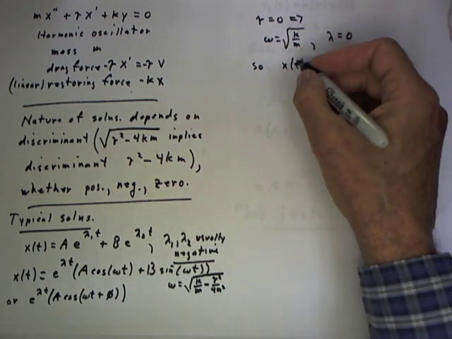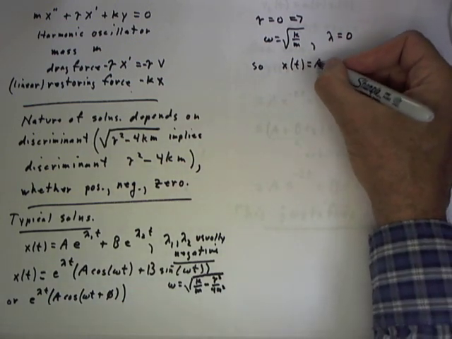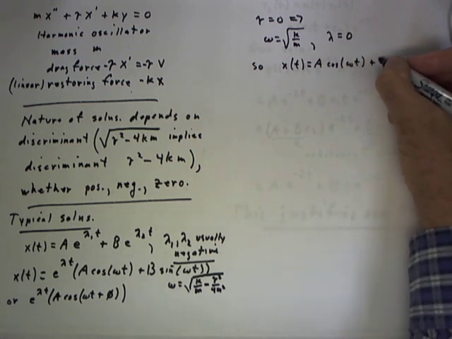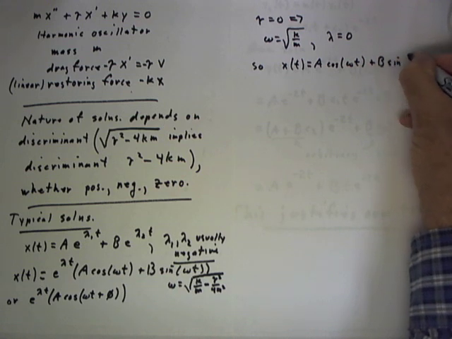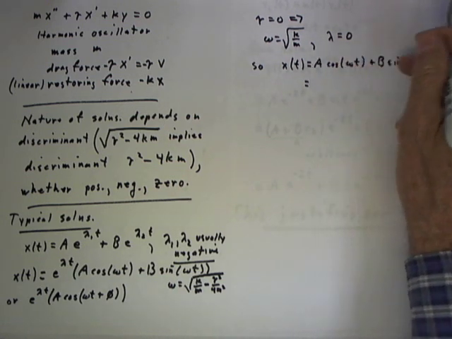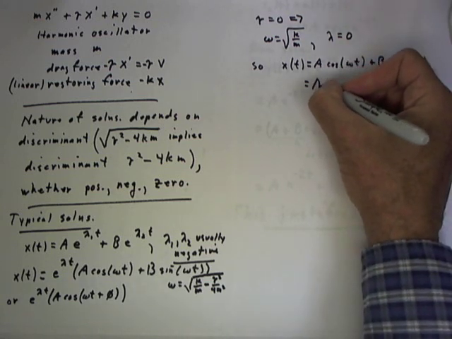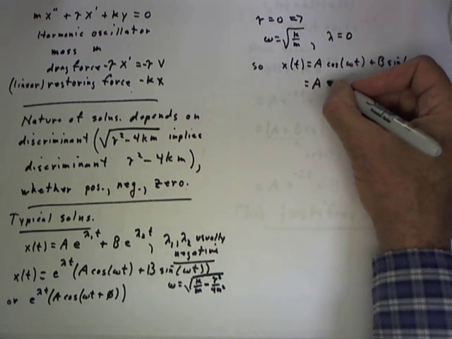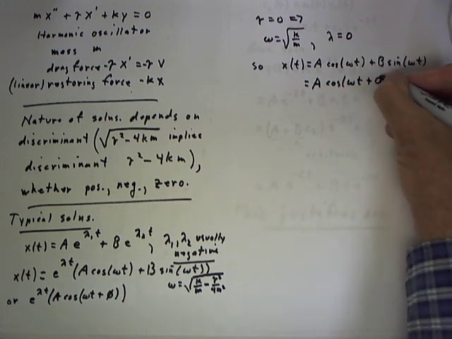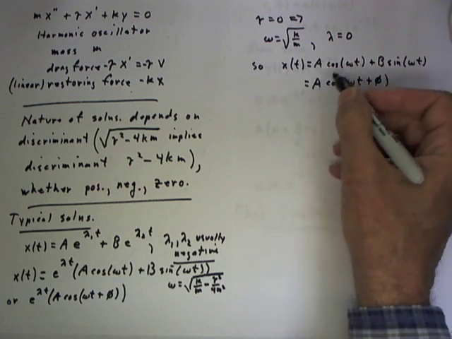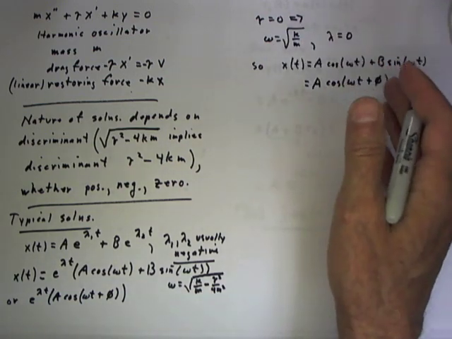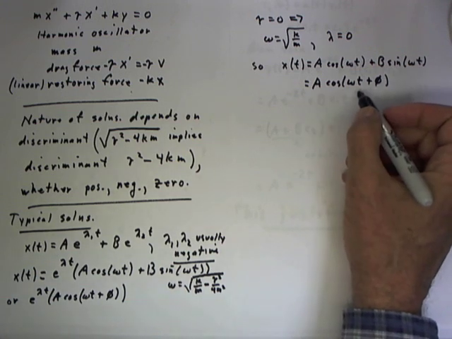In any case, our solution will be either x of t equals a cosine omega t plus b sine omega t, or combining these using trigonometric identities, a cosine of omega t plus phi. And this would be a free oscillator with no damping, so it would be an oscillator that simply continues oscillating forever.